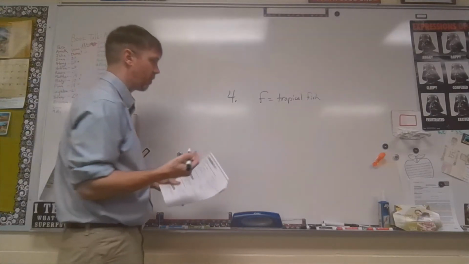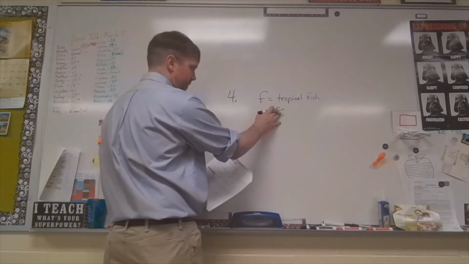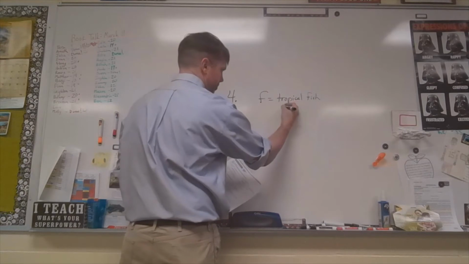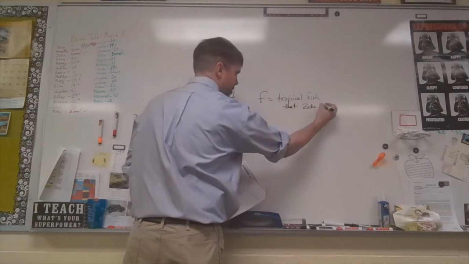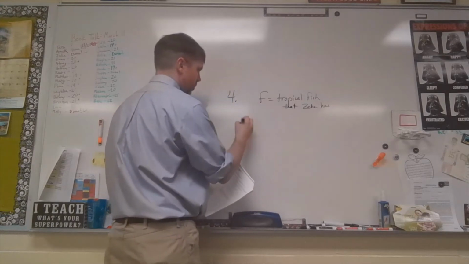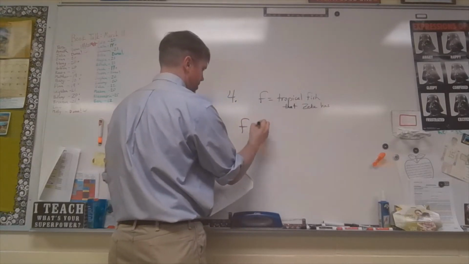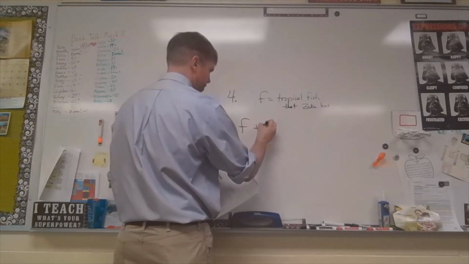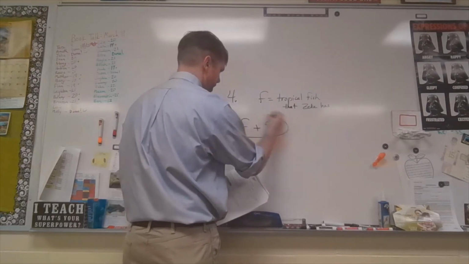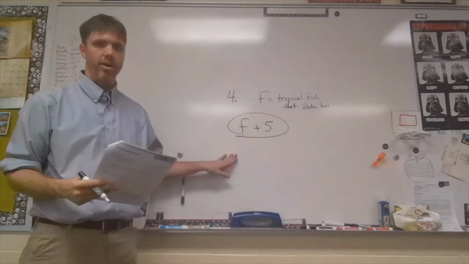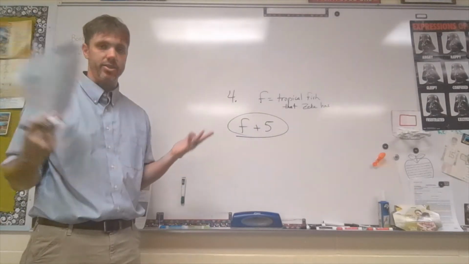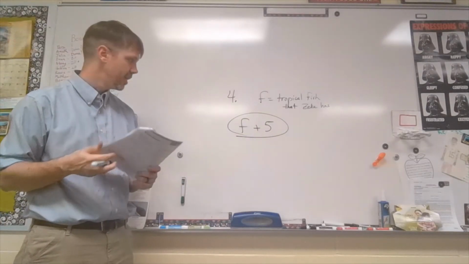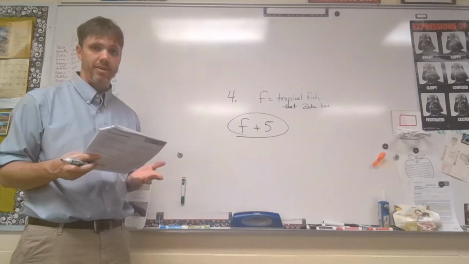Well, if you're going to write a math problem, F equals the tropical fish that Zeke has. So there's the fish that he has, plus he got 5 new fish. And that is literally all you had to do. F plus 5, done. You don't have to solve it because you can't. You don't know how many fish you had to begin with. So that's it. Super easy, right?